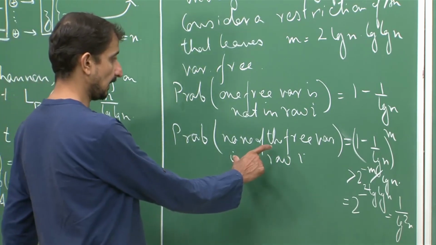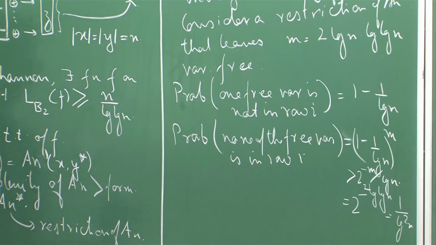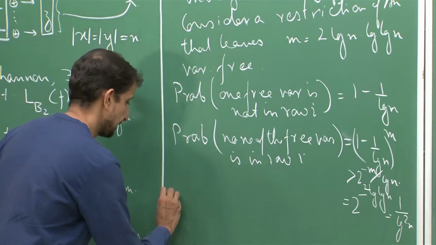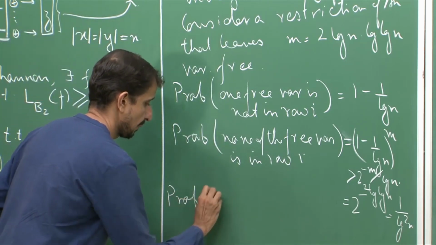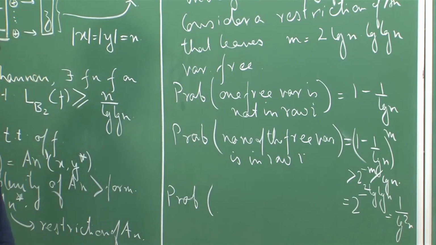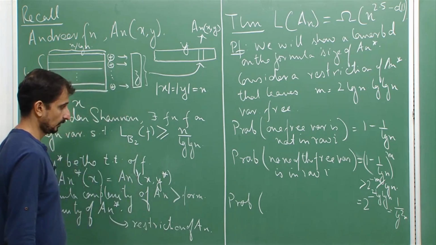Now, the probability that none of the free variables is in row i. What is the probability that none of the free variables occur in any of the... So, what is the probability that two to the power minus m by log n? Yes. Okay.